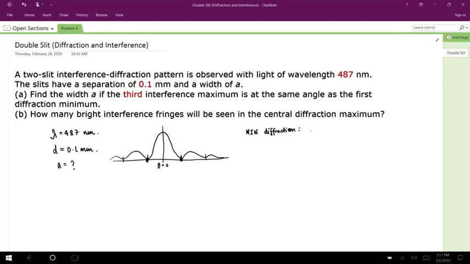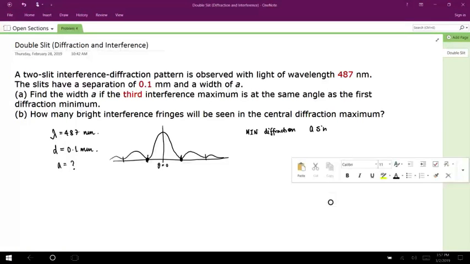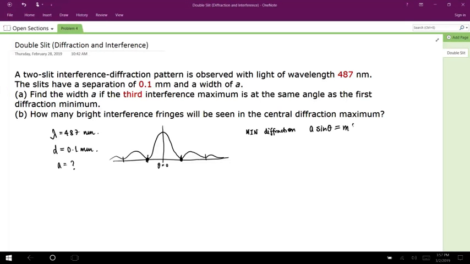The condition is A sine theta is equal to m lambda, where m cannot be equal to 0, and we'll call this m_d because this is a diffraction pattern. In this problem it says the first diffraction minimum, so m_d is equal to 1.